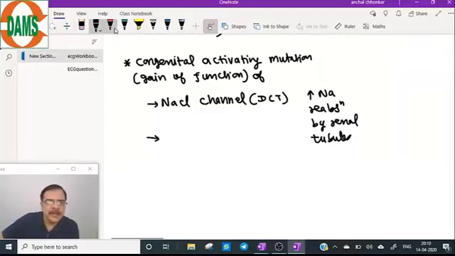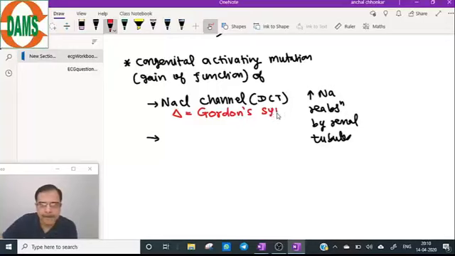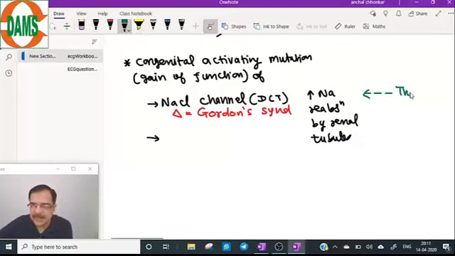The diagnosis of this syndrome is Gordon syndrome, and the treatment of this condition is very simple. You inhibit the sodium chloride channel by giving a diuretic, and these patients respond to thiazides. They will control the blood pressure here.